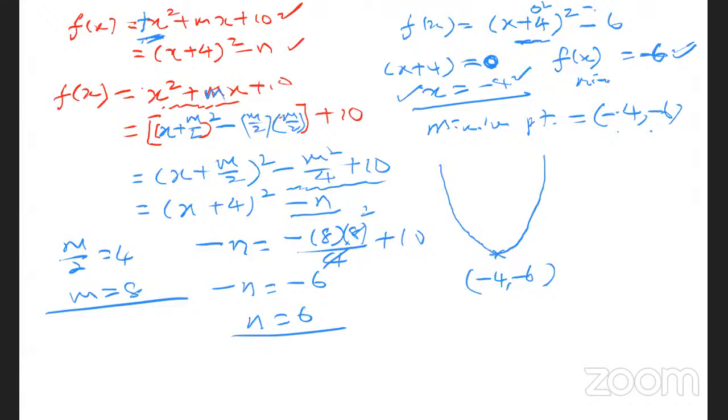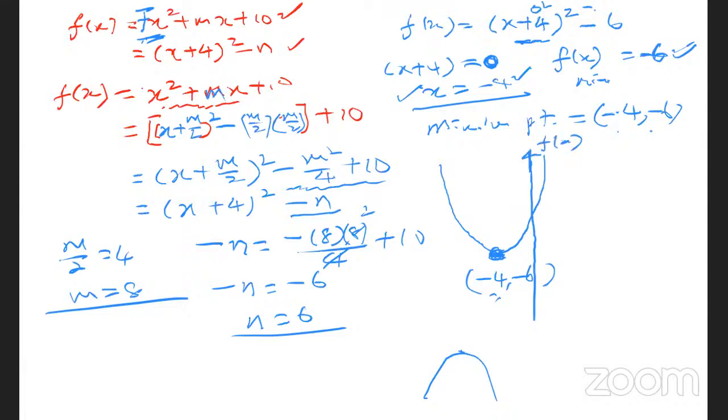First step, find the minimum point. Second step, sketch. If it's negative, means it goes to a maximum point. Understand? And then, since this is negative 4, the curve f(x) should be here.